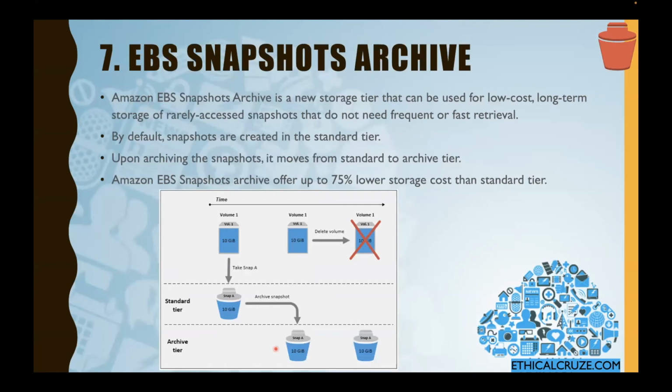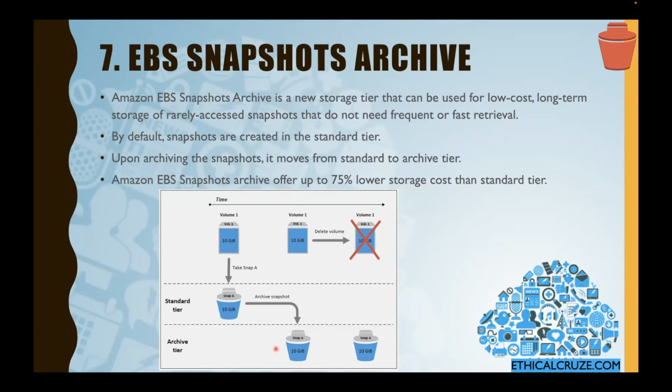There is one more thing: EBS snapshots archive. Whenever we take snapshots, they are not needed every time. To save the cost of snapshot storage, we can move our snapshots from the standard tier to the archive tier.